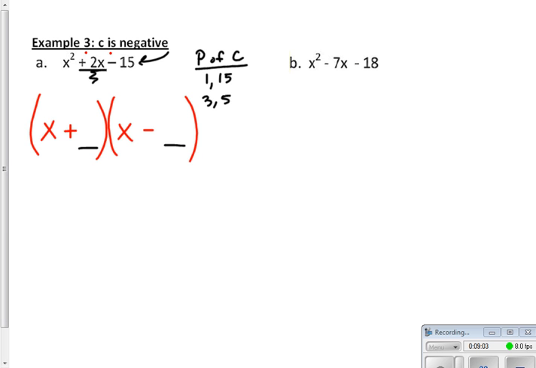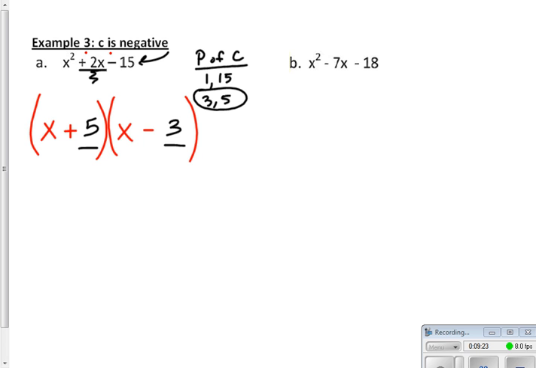B is a positive 2, which tells me I need to use this group, 3 and 5. Well, how would I use 3 and 5 so that when added together I will get that sum of B? B is a positive 2, so 5 has to go in the slot that has a plus sign, and 3 has to go here.